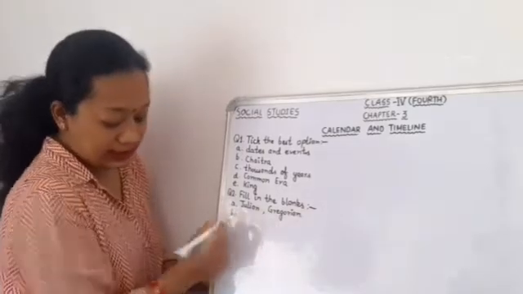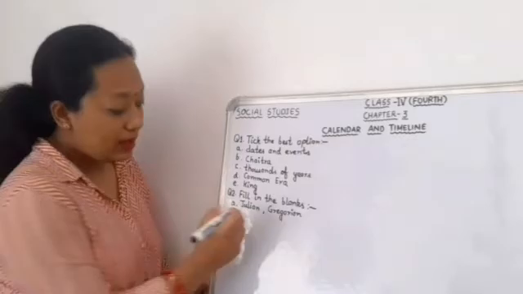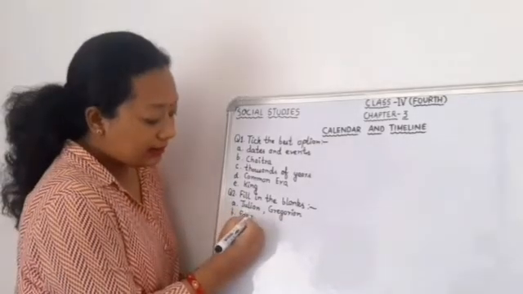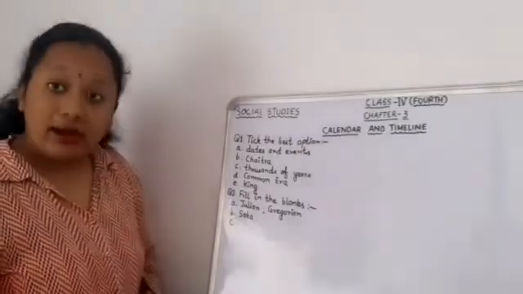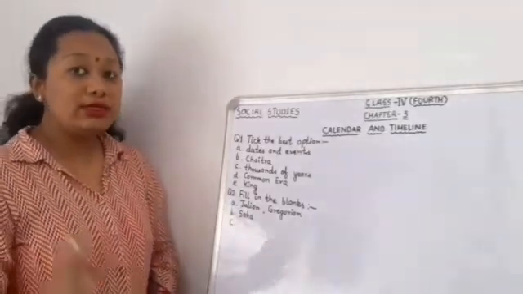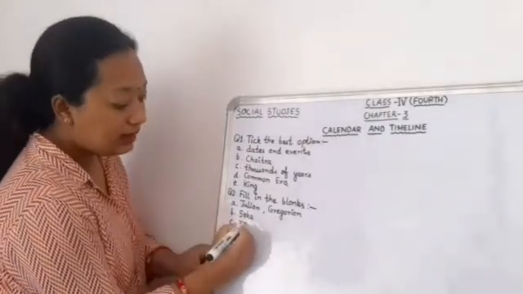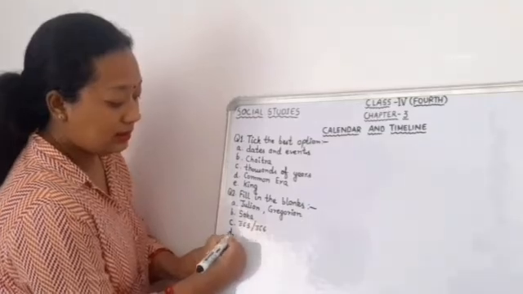Then number B is, the dash calendar is used in India. Which calendar is used in India? It is the Saka calendar. Then, both Saka and Gregorian calendars have dash days. How many days do the Gregorian and the Saka calendar have? 365 or 366 days.